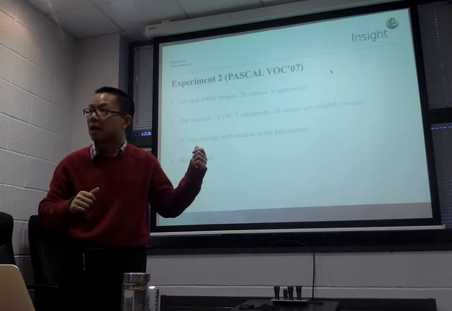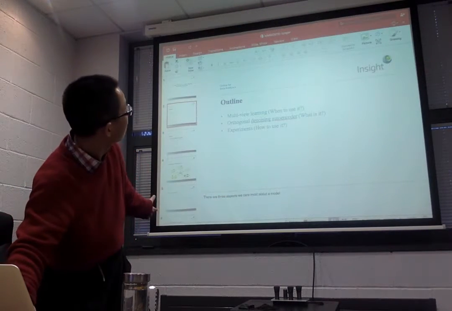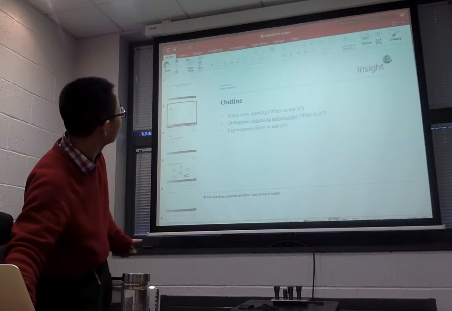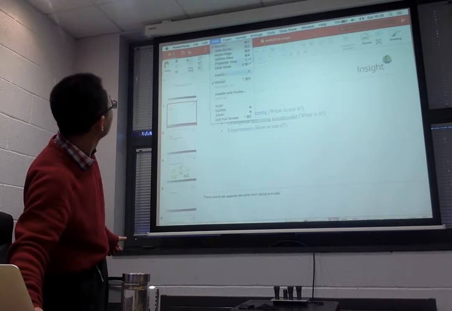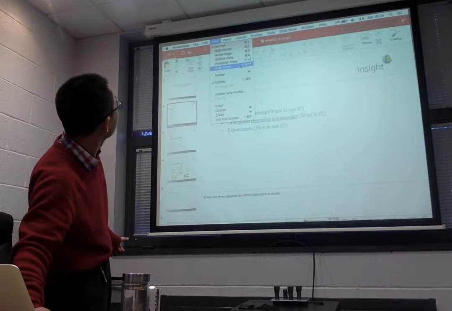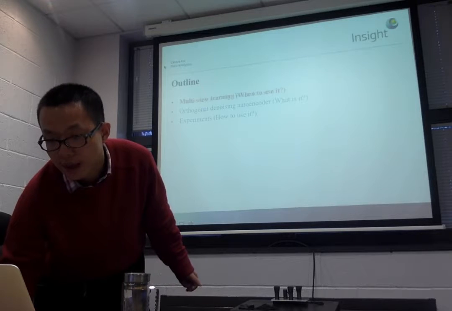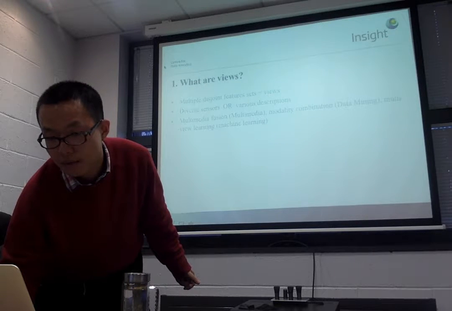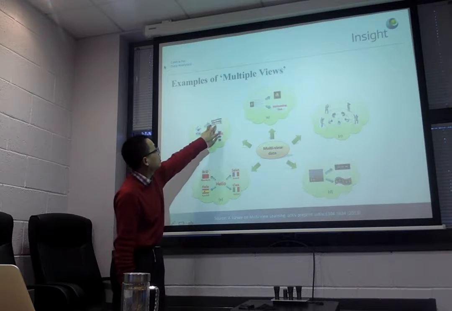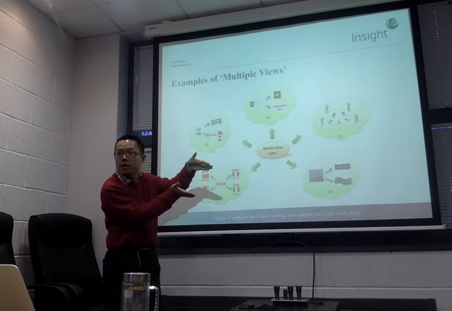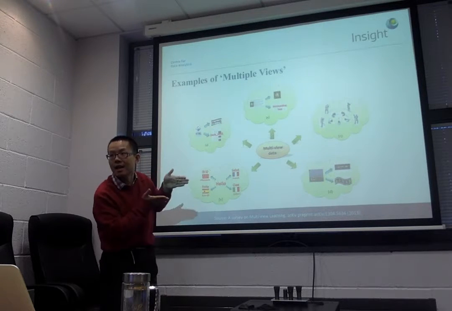Yeah, you can also do that. Oh, sorry, I can't see the slide. Oh yeah, as you can see here, you can put images and text. So for the second experiment, you just put in the image and text.